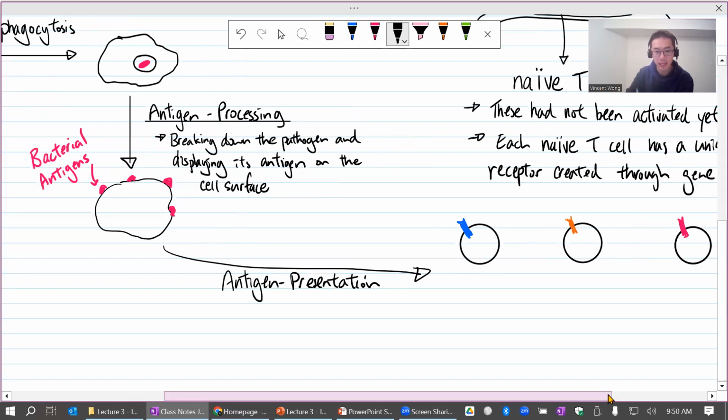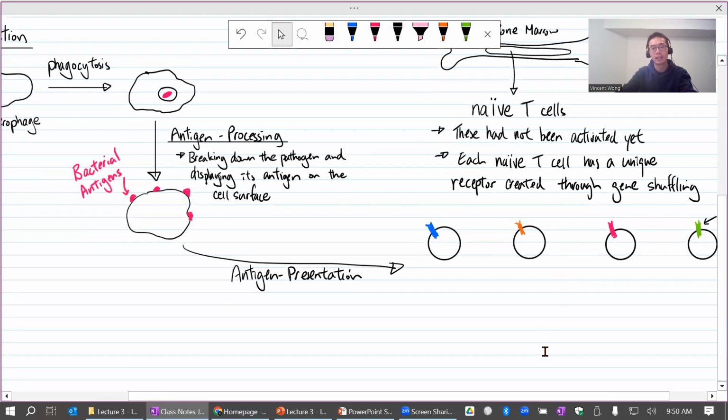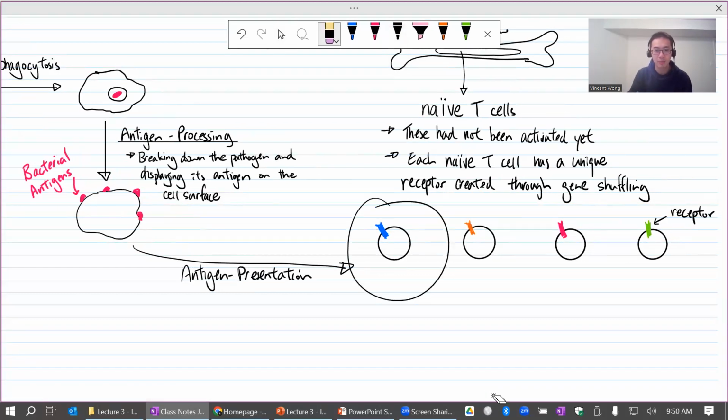That's what it's called, antigen presentation. Basically, the macrophage is gonna talk to the naive T cell. It's like, hey, I just ate this red bacteria. It's causing a lot of trouble in the body. Can you help fight it? Right? So it's gonna talk to the first naive T cell right here.